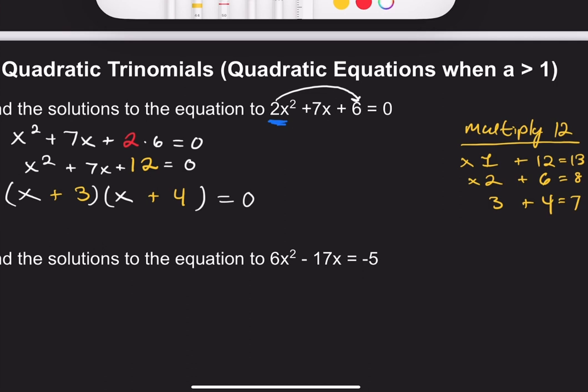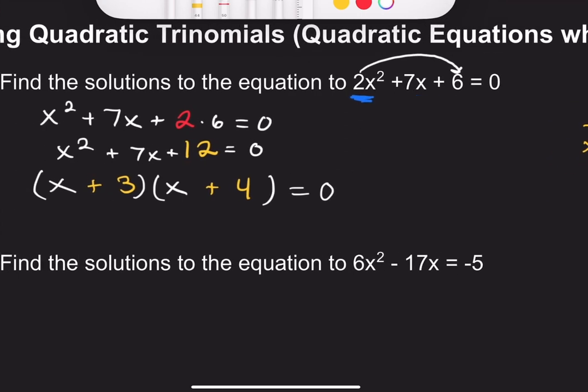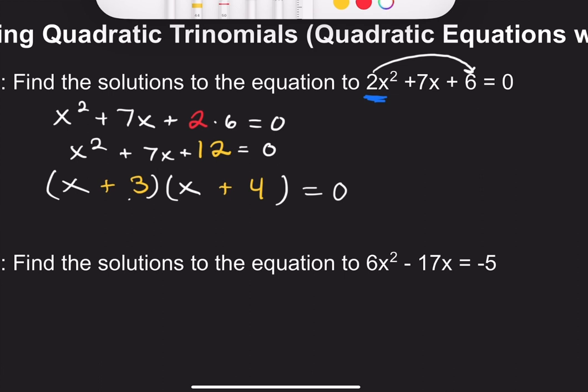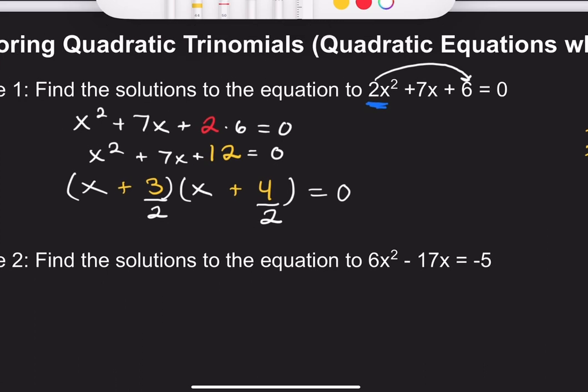We must keep the equation balanced. Because we multiplied by 2 earlier to our constant, we now have to divide every constant by 2. Divide the 3 by 2. Divide the 4 by 2. And let's see what we get when we divide.